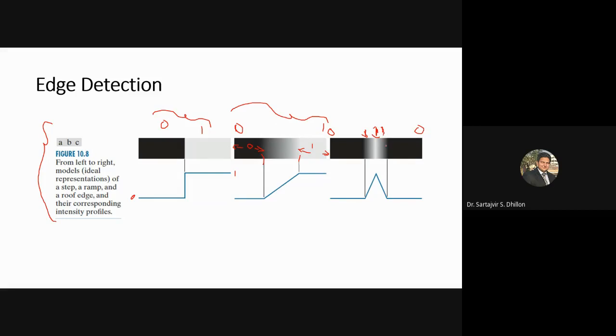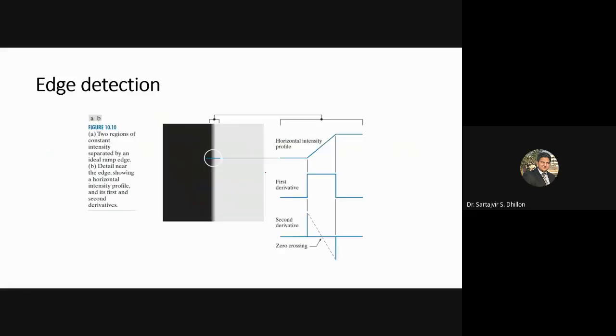Please ignore that. The 0 is there, and the 1 is existing at the center. So these are the values, and this is the location of the grayscale values. Hopefully you are following this point and how the intensity profiles look.